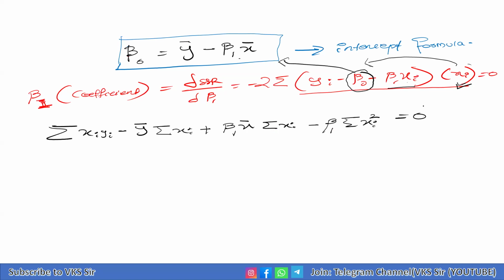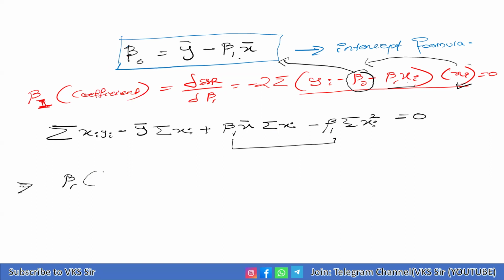Now let's rearrange the terms. For example, you can see that beta 1 and beta 1 is there. So now I can write like this. How? Beta 1 will become common.